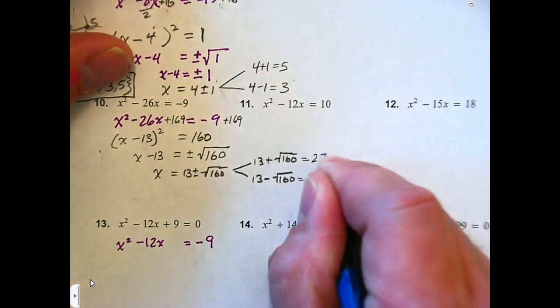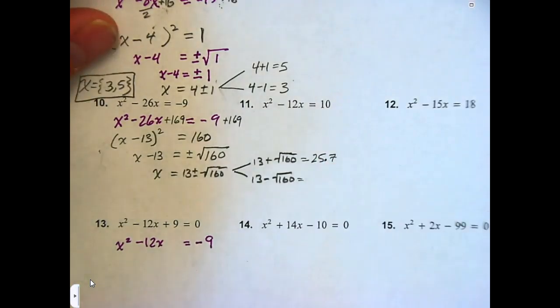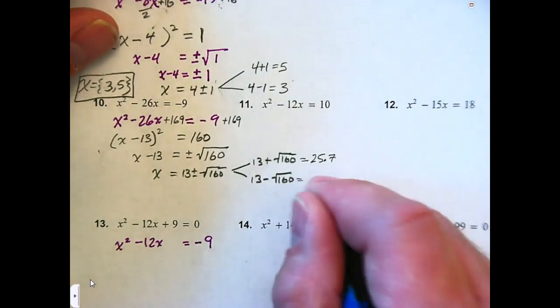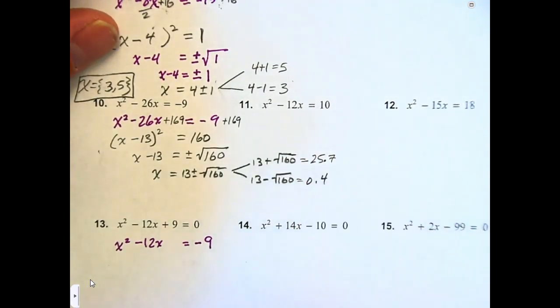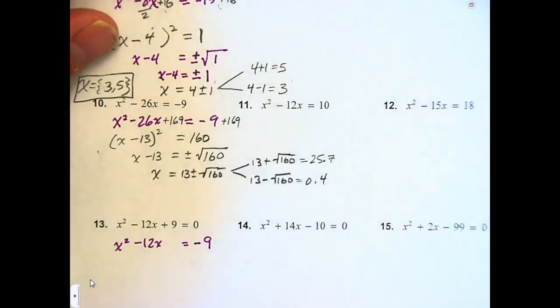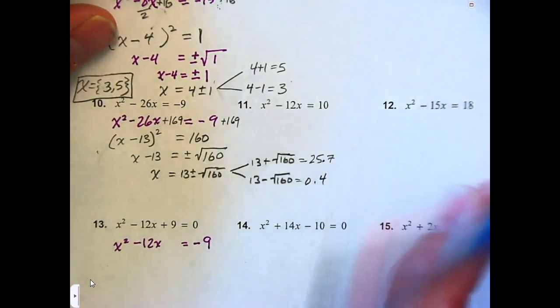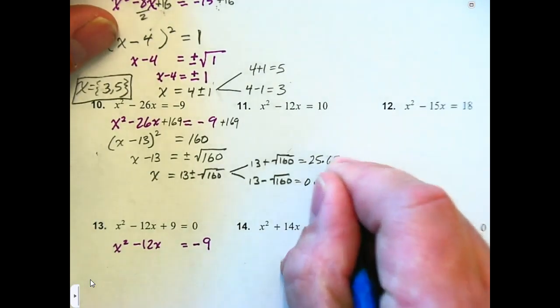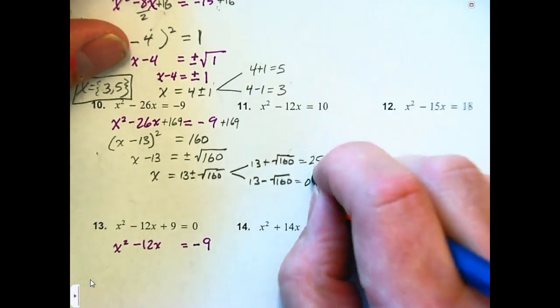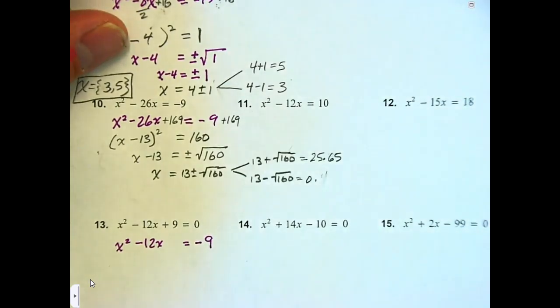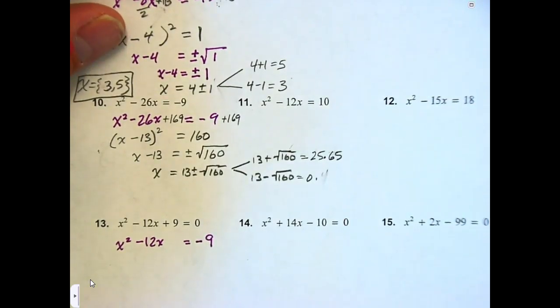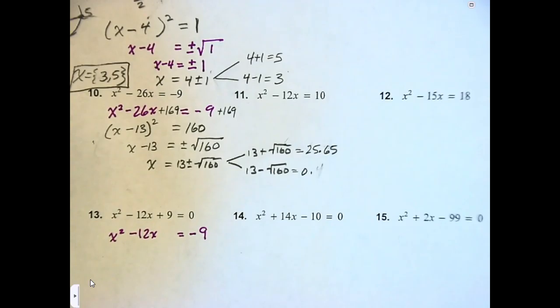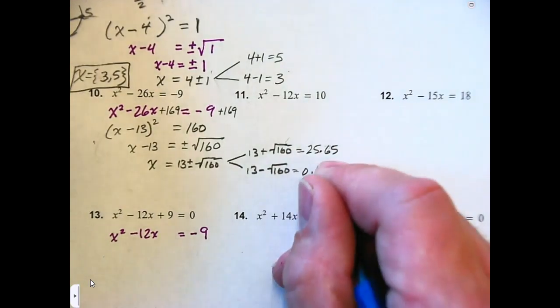This one is 25.7 to the nearest 10th. Anyone have that to the nearest 100? 6.5? Okay. And 0. Is it 0.4? .35?